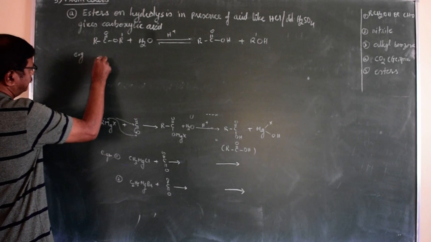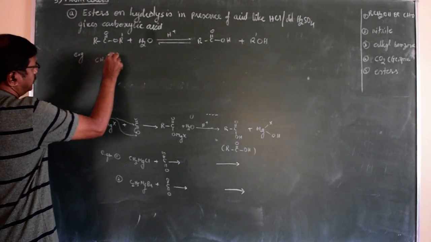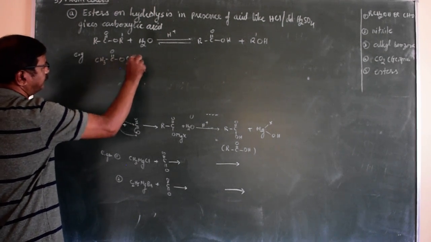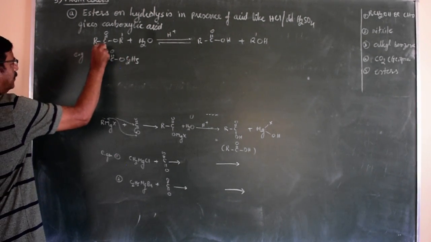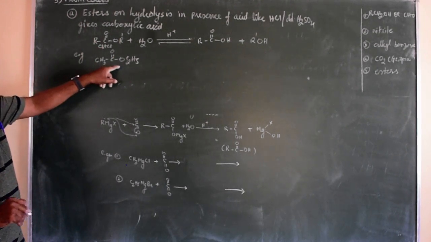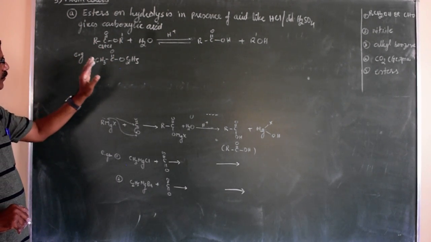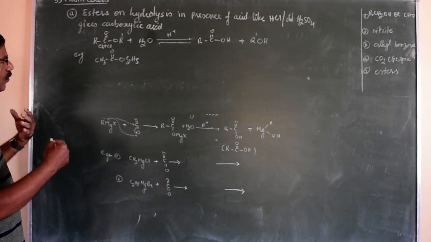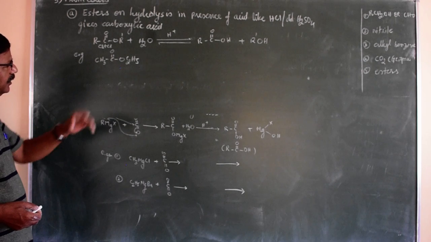Example: CH3 C double bond O OC2H5. So this is an ester. What about this one? This is also an ester because RC double bond O OR dash. So what's the name of this ester?